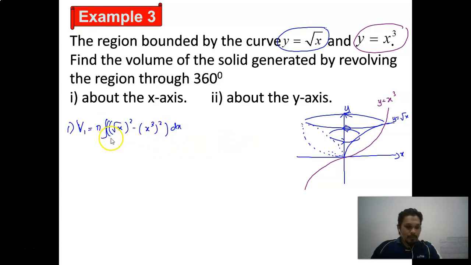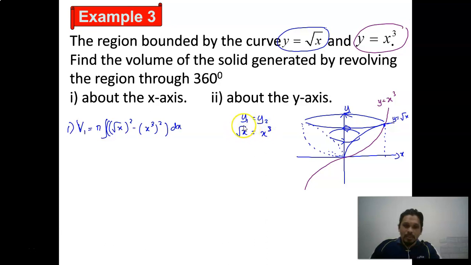Pi, from, now we need to find the intersection of these. In this case, which we discussed in our previous lecture to find the area, y1 equals y2: square root of x equals x cubed.